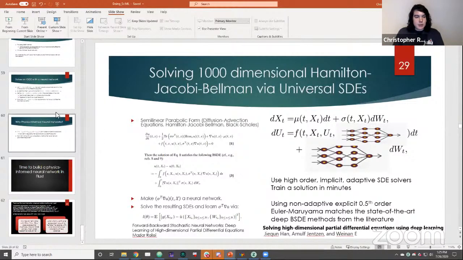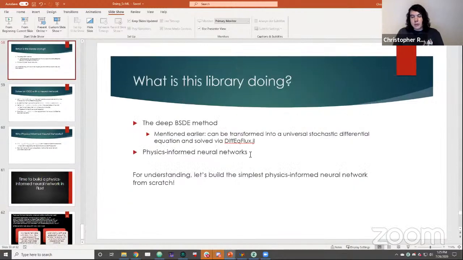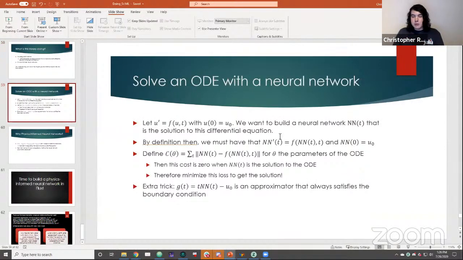The other thing it's doing is physics-informed neural networks. If you discretize this to a physics-informed neural network, then you get a universal differential equation. If you keep it in its continuous form, then you have to train it a little bit differently, but that is something we can do just with the primitives provided by Flux. So how do you solve an ODE with a neural network? This is really the key example. A physics-informed neural network is solving PDEs.